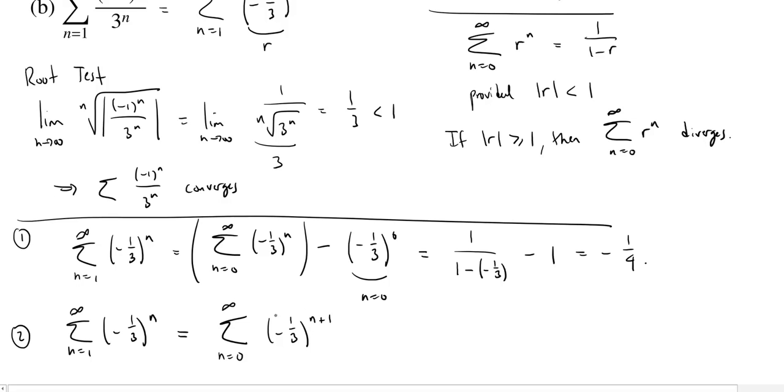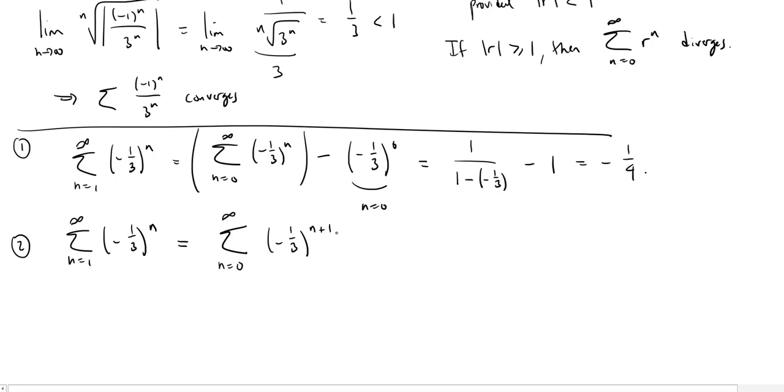Now I break this summand up as negative 1/3 to the n times negative 1/3. And what I want to do now is to pull this negative 1/3 piece outside of the sum, which, provided that this sum exists, is totally fine.